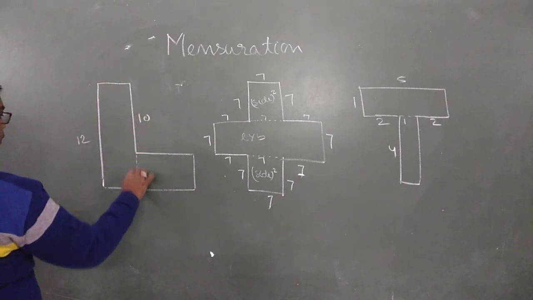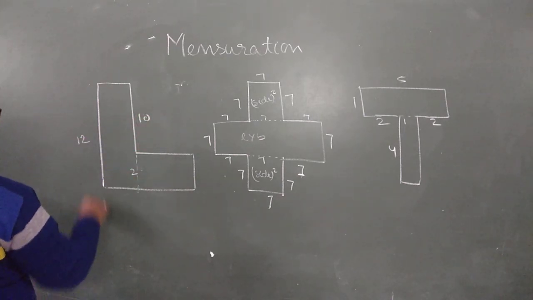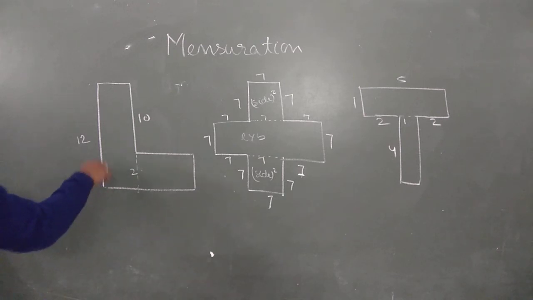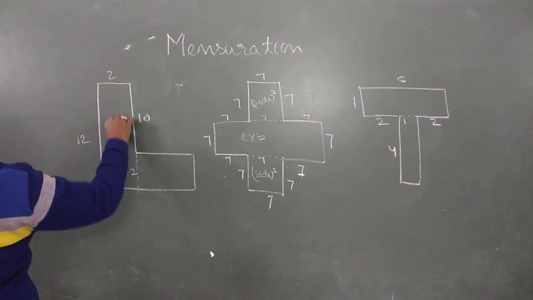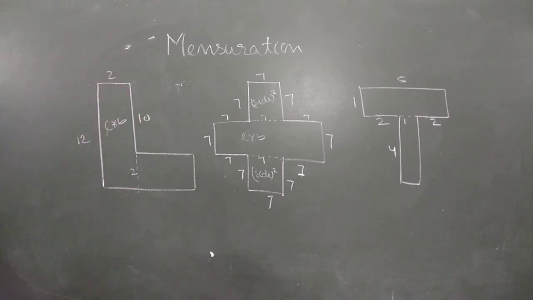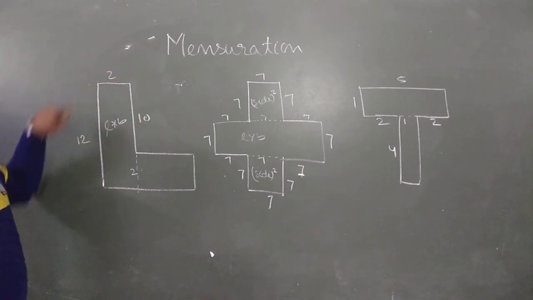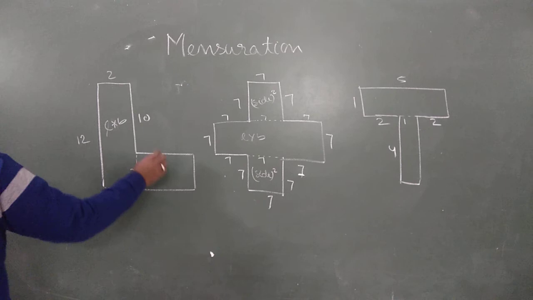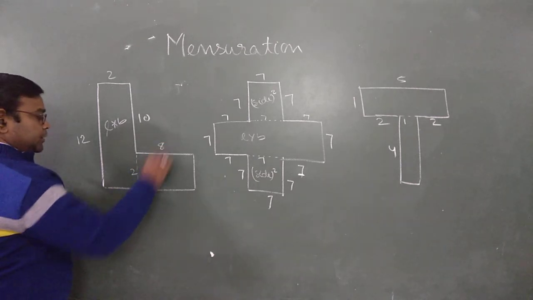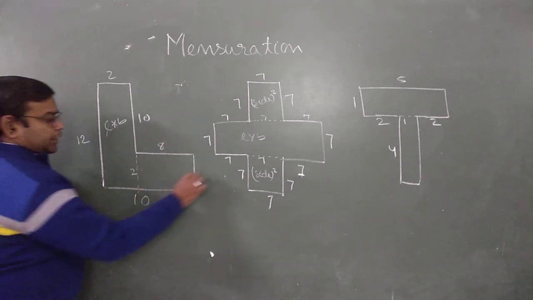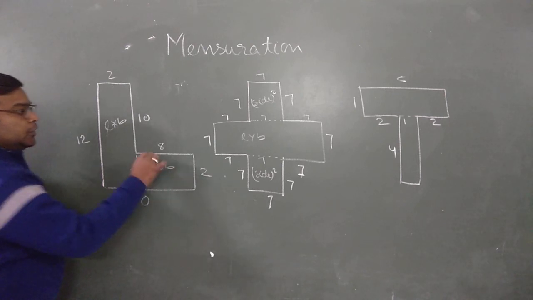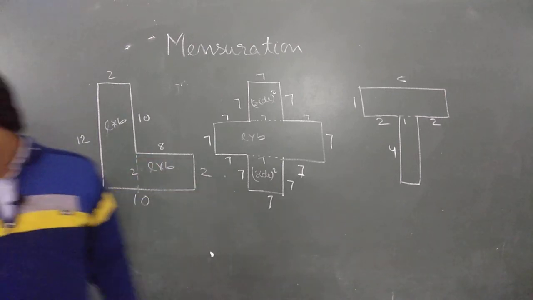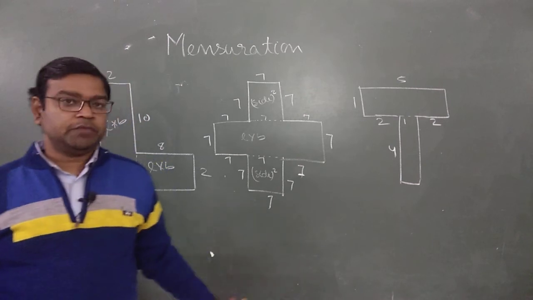If we join this one, this is 2. So 12, and in this case, this is also given 2. So by using L into B, you can find out these two. And in this case, it's also given, it's 8. The complete is 10, so it's 2. If it's 8, it's 2. Again, L into B. So likewise, find it and complete your exercise in your fair copy.